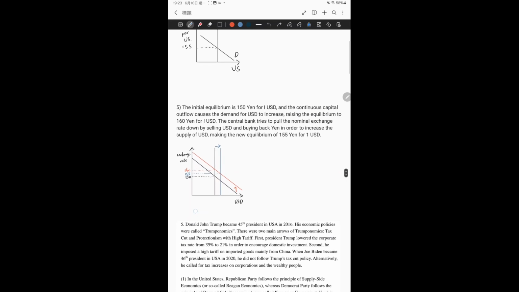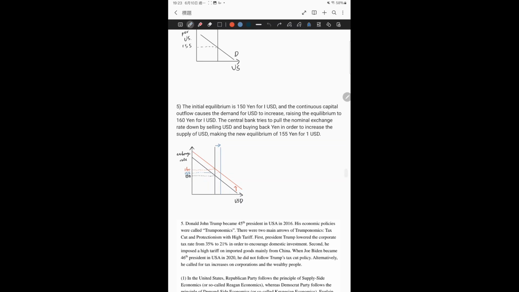So you can see the initial state of this market is the equilibrium is at 150, the black one, and due to the demand increase, the demand moved to the red one, and the equilibrium moved up to 160.